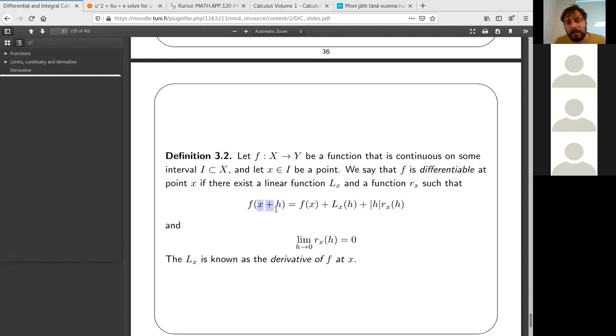I mean, f at x plus h, you know, it's something. So if you move along the straight line, this is where you get. But then this is how much the straight line deviates at the edge of that region. So that's the h is the zooming in factor, and r(x, h) is the error in this picture.